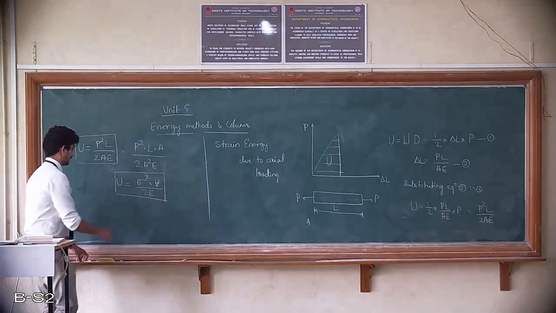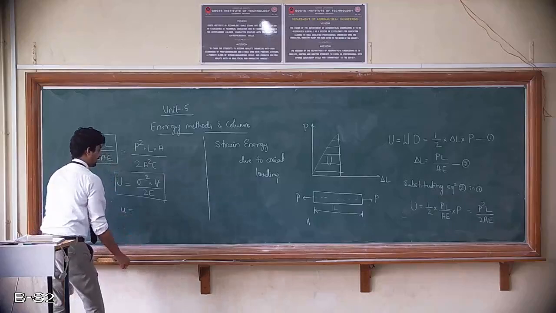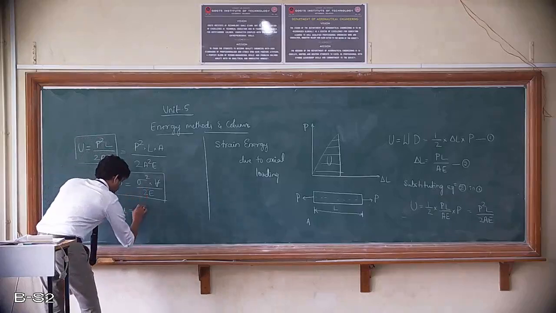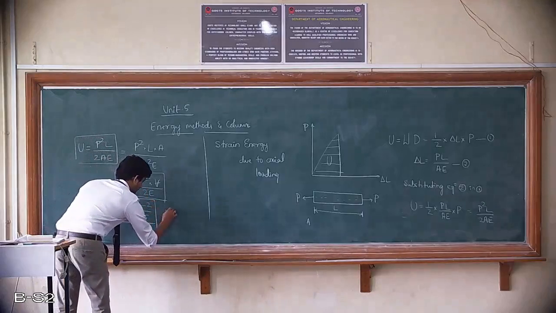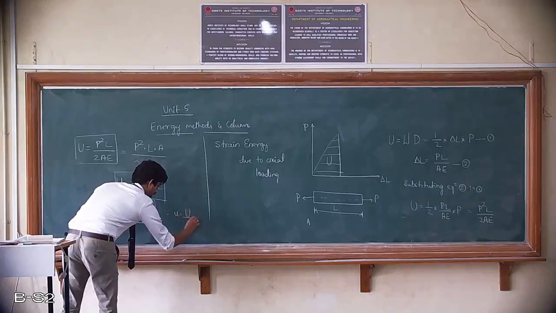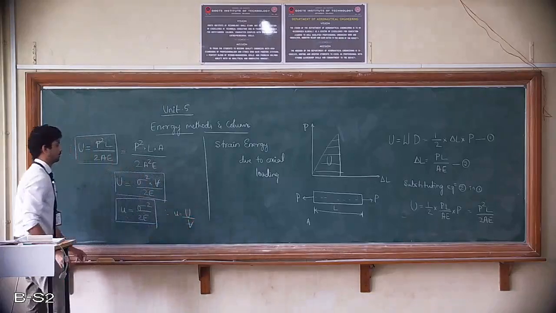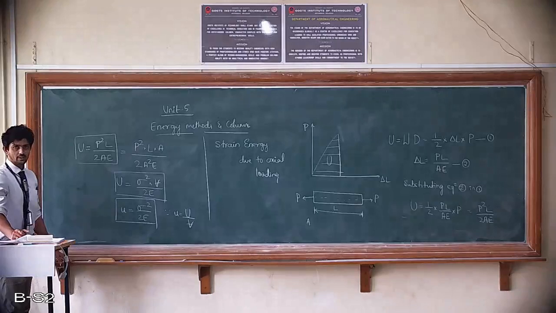Now, if resilience has to be defined, which is nothing but strain energy per unit volume, it is going to be sigma square by 2E, because resilience is strain energy per volume. So this is the strain energy equation due to axial loading on a given structure. I hope this is clear, very simple.